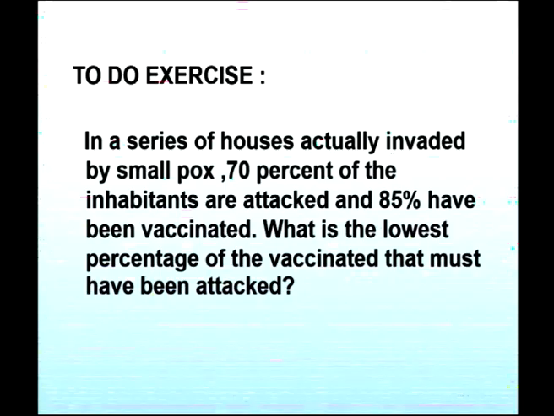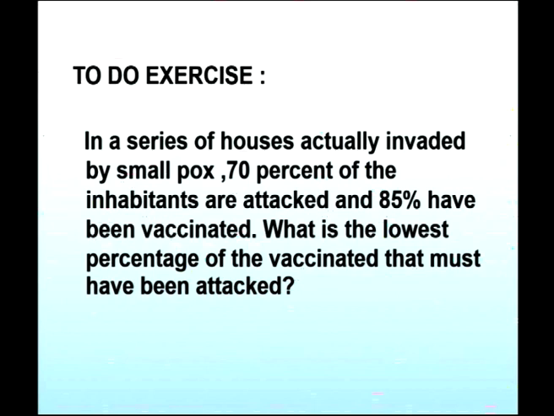You can represent by attribute A the attacked inhabitants, and by B the vaccinated. Okay, and you are asked to find out the lowest percentage or the limits for the vaccinated and attacked, right? So vaccinated means B, and you are asked to find out the limits for AB. Okay, thank you.